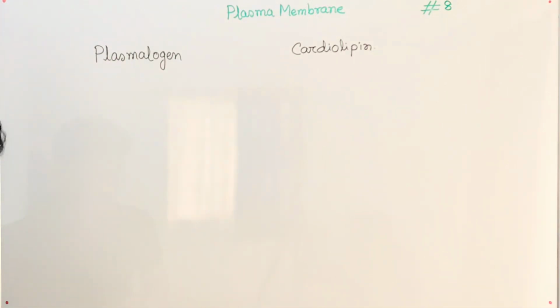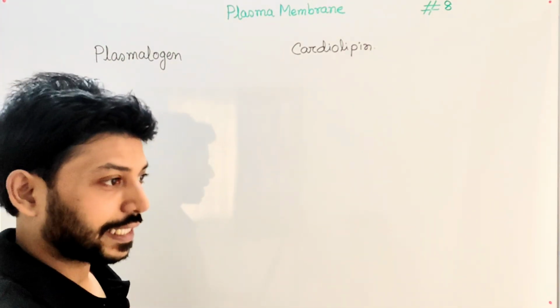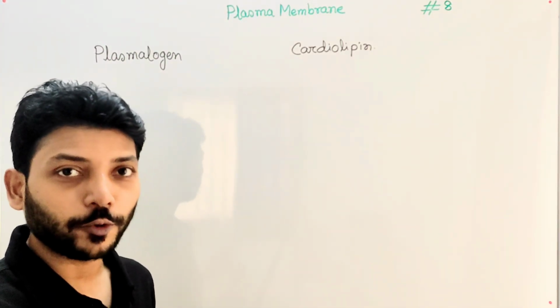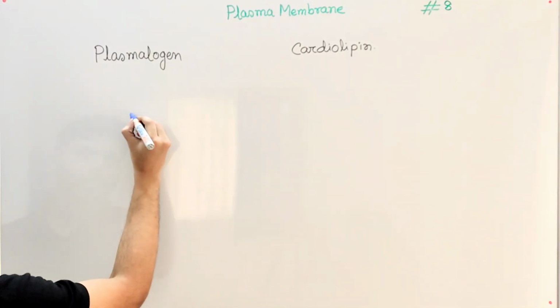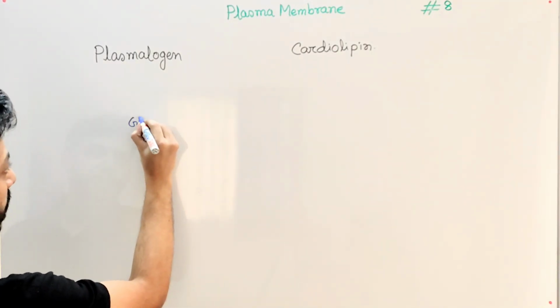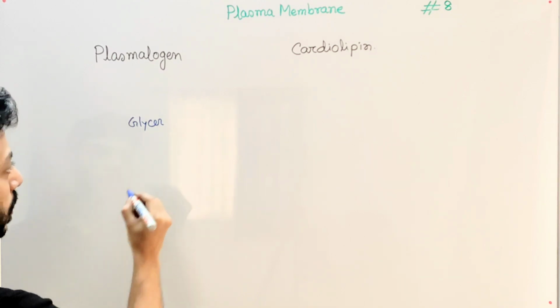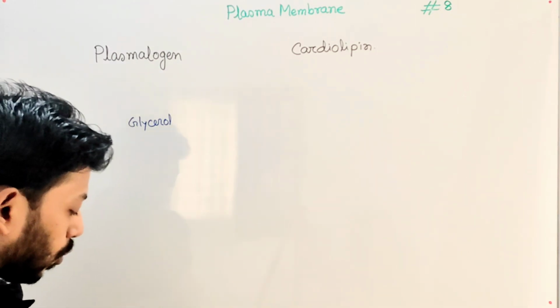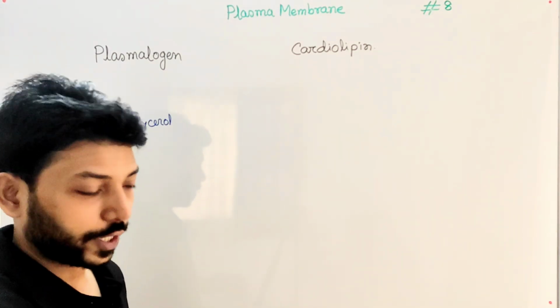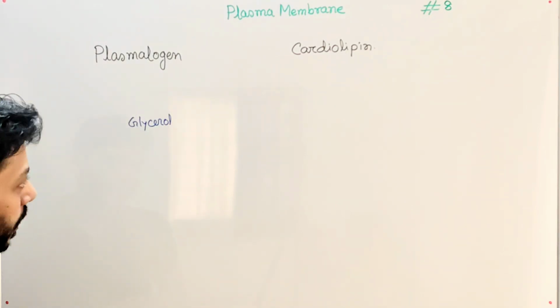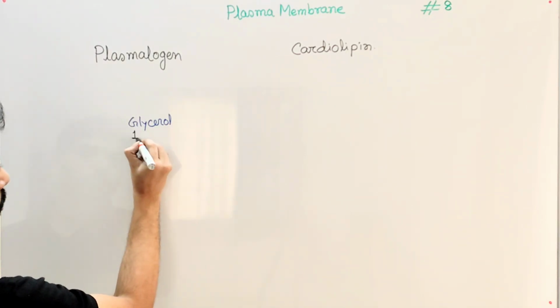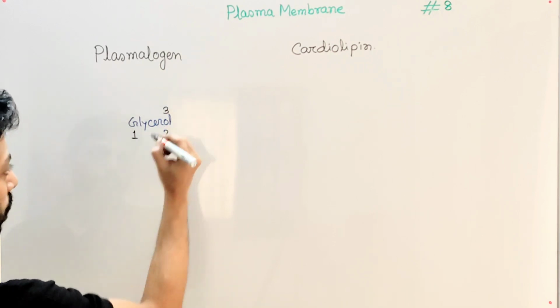Now in my previous video on phosphoglycerides, I mentioned that phosphoglycerides contain four components. The first component, which is common for all, is glycerol. Glycerol is the backbone of phosphoglycerides. This glycerol molecule contains just three carbons: first carbon, second carbon and third carbon.